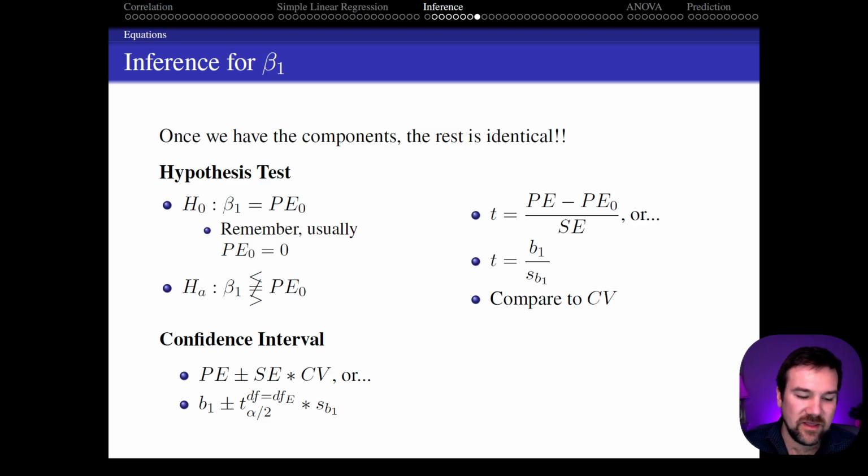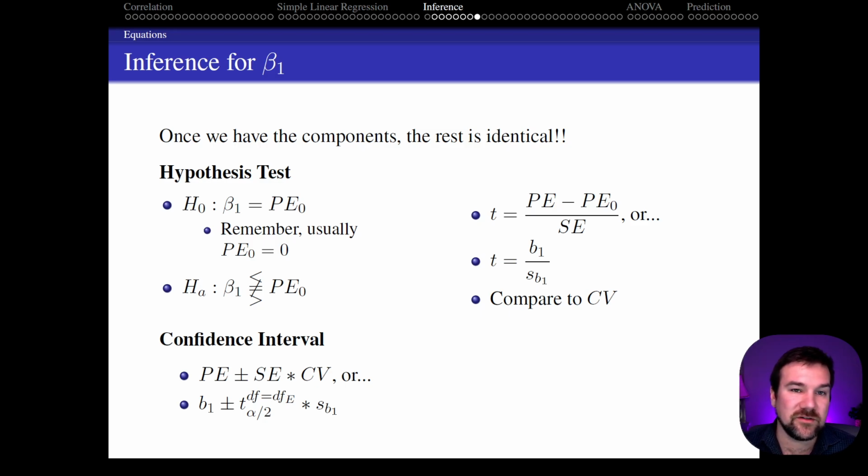I typically write them in the same order. It doesn't matter because multiplicatively you can alternate the order, so technically it's mathematically right, but it is a bit confusing. So I typically do PE plus or minus the critical value times the standard error, and that's what I do in the second bullet point in the confidence interval. Sorry about that. But yeah, it's the same process for hypothesis testing as we've always had in this course.